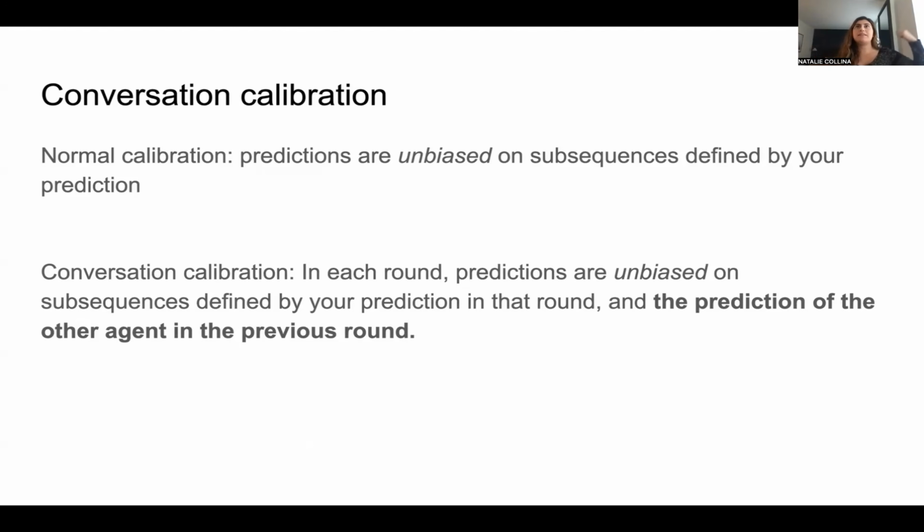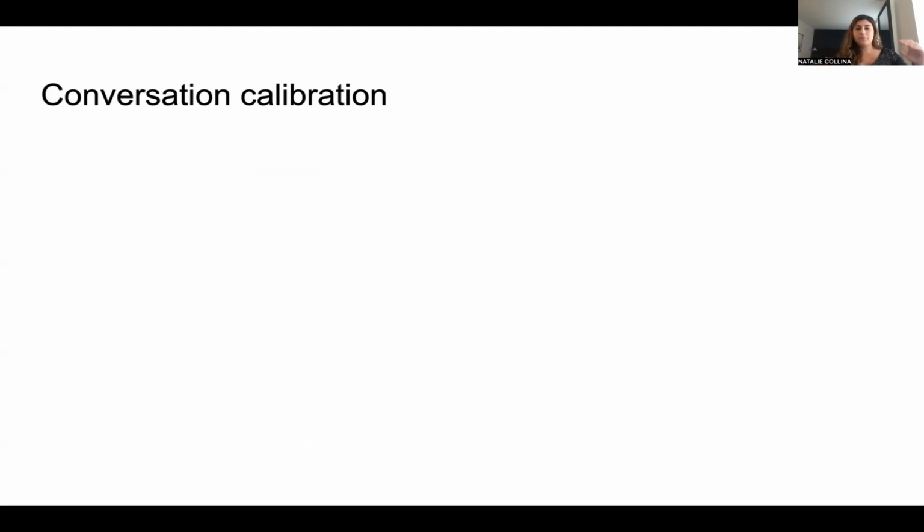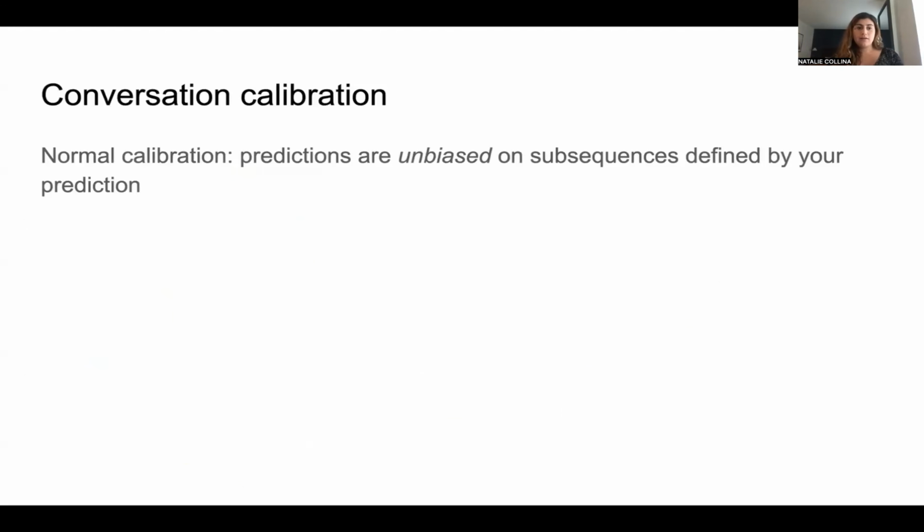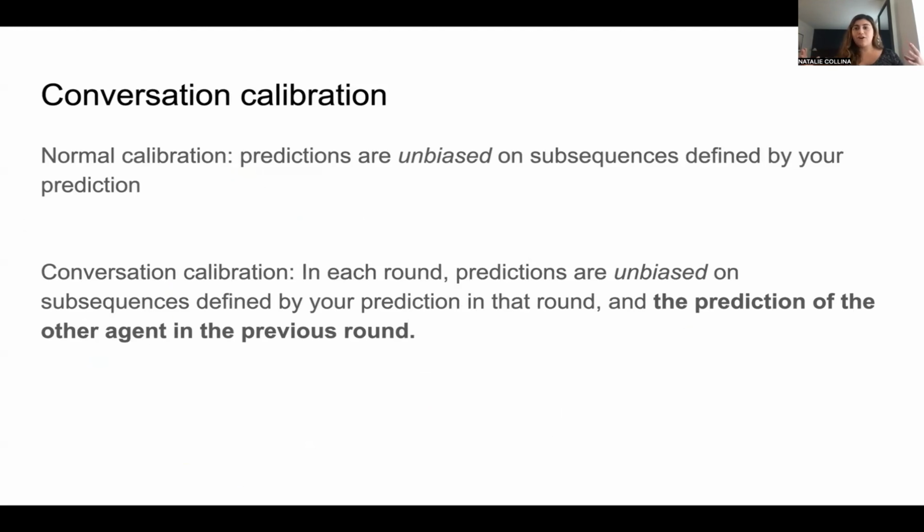If you look at all the days that are happening on a particular round, like this green line, this orange line, that's what this is going to operate on. So basically, on all predictions in each round, they're unbiased, not just on subsequences divided by your prediction, but also on that joint with the prediction of the other agent in the previous round. But just the one previous round, not all the previous rounds. This is important, and I'll talk about that more concretely.